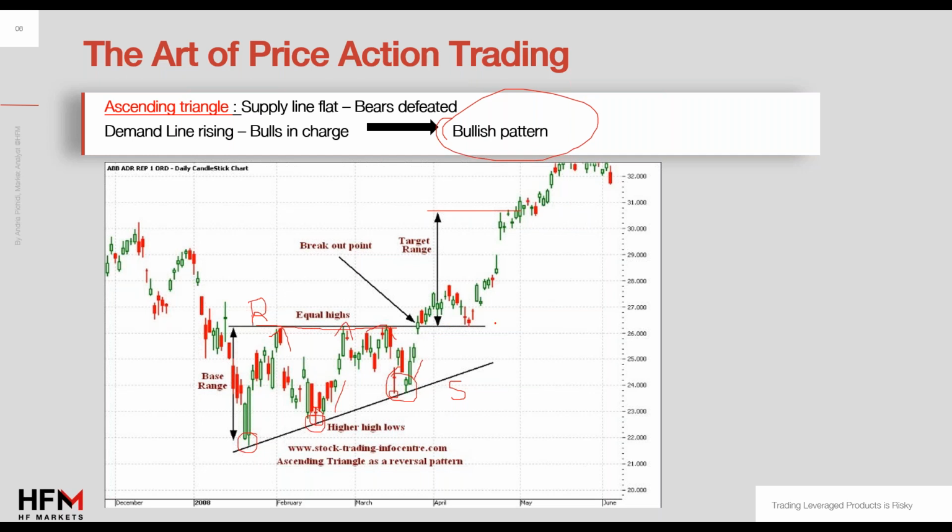So this resistance is now a support area, with the target being placed at the same distance as the base range.